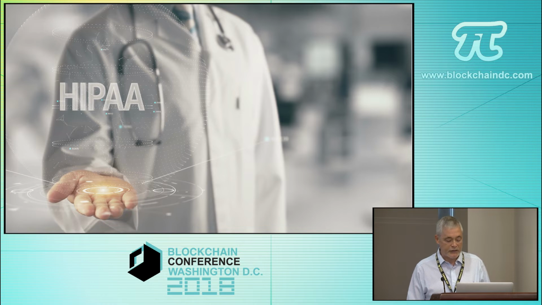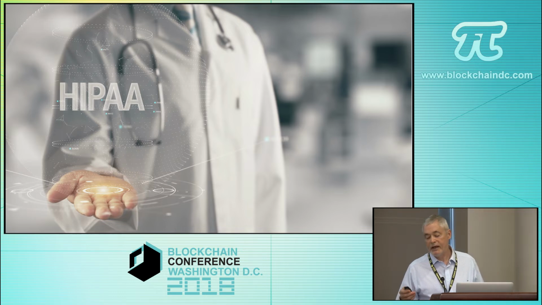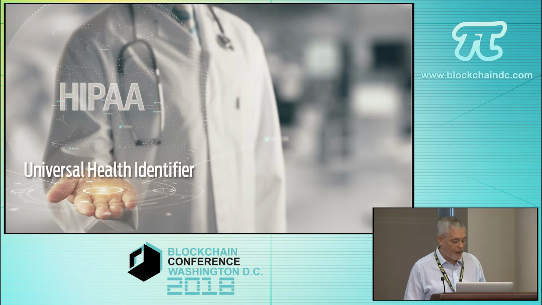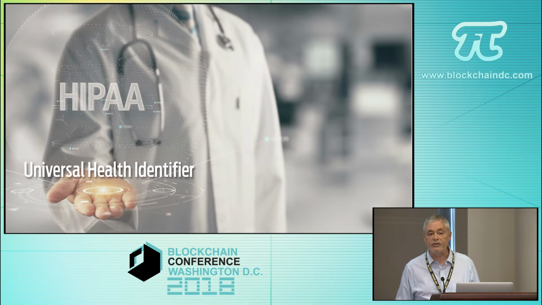When President Clinton signed the Health Insurance Portability and Accountability Act, commonly known as HIPAA, the headline was the Universal Health Identifier, a single unique number assigned to every person as their patient ID.